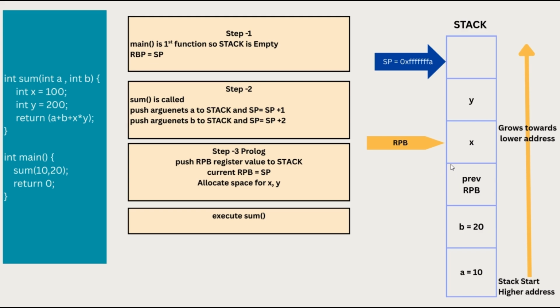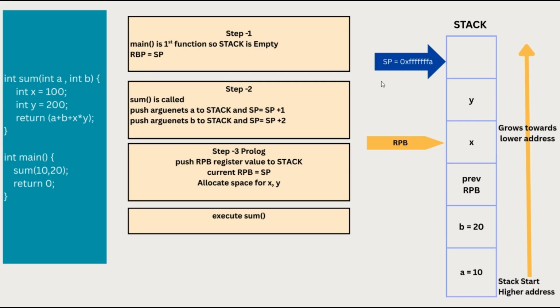Then for local variables, like the 2 local variables x and y in sum, memory will be allocated on the stack, and the sum function's base pointer will be this one. The starting address of the local variables, like here where x is stored, will be treated as the base pointer.